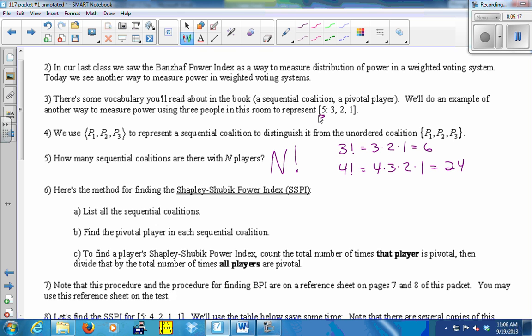So the number of sequential coalitions grows really fast. You have a lot of coalitions to compare. 5 factorial will be 5 times 4 times 3 times 2 times 1. 5 times 4 is 20, times 3 is 60, times 2 is 120.